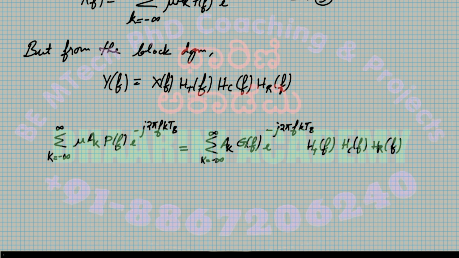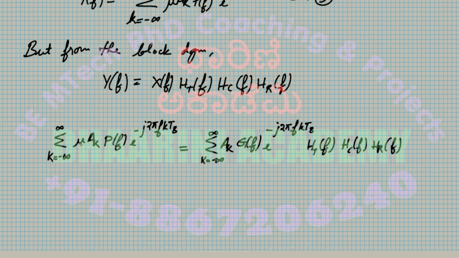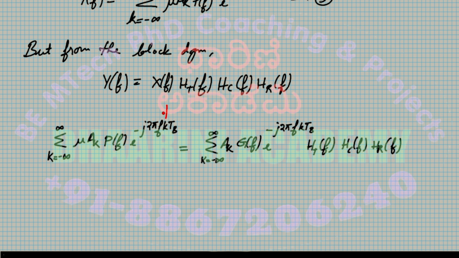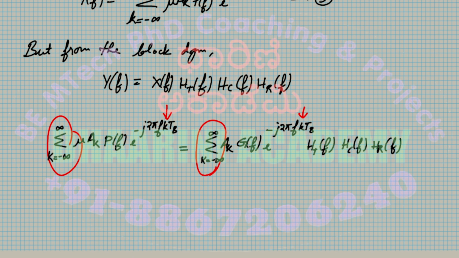So you see this k and this k, you can write one side capital, one side small, doesn't matter. As far as this limit is the same, they are going to get cancelled. With the summation, you can have m on one side, n on the other side, doesn't matter. It will still get cancelled because that satisfies the basics of mathematical condition you need to cancel the summation. So you can definitely cancel.